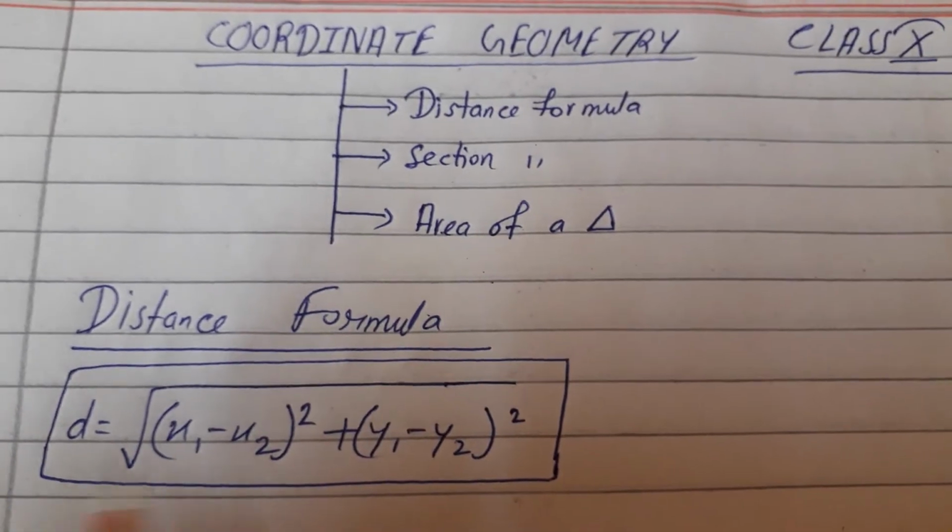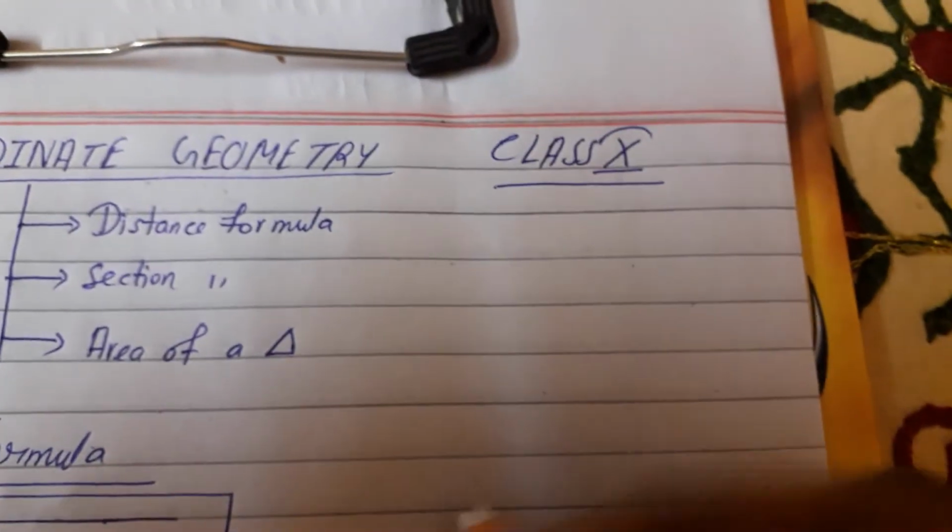Now what are x1, x2, y1 and y2? Suppose this is a line AB. The coordinates of A may be x1, y1, and the coordinates of B, suppose, x2, y2.